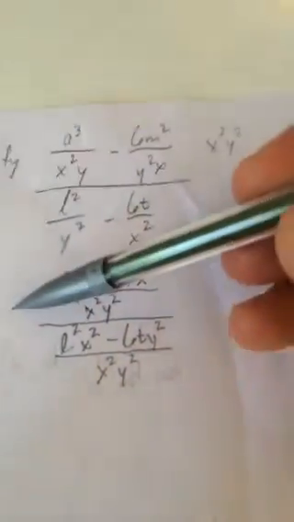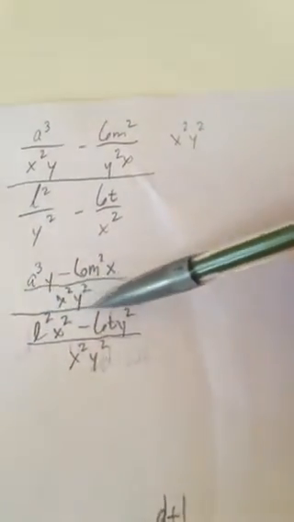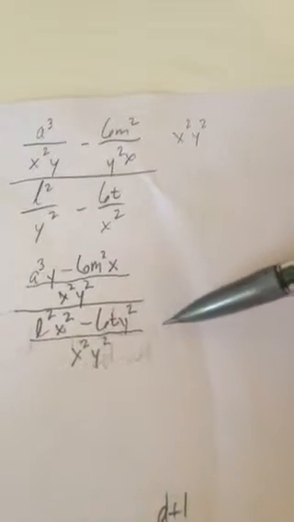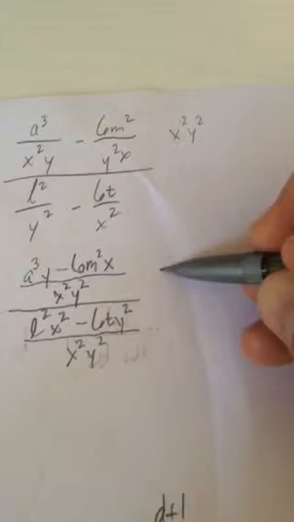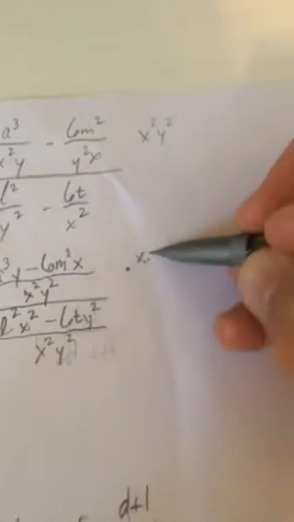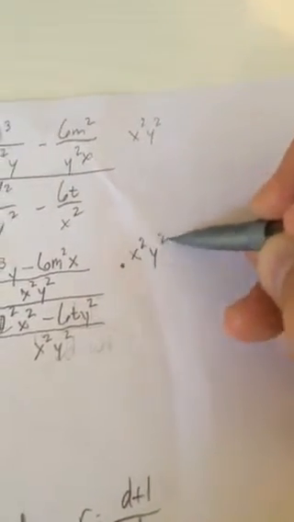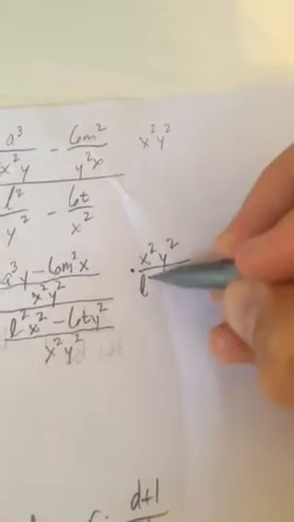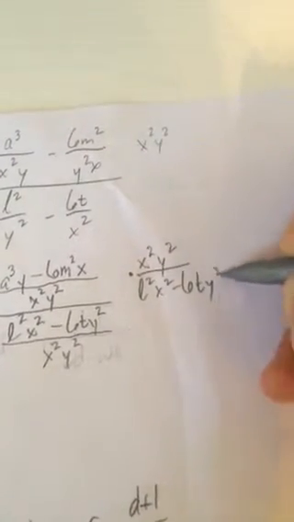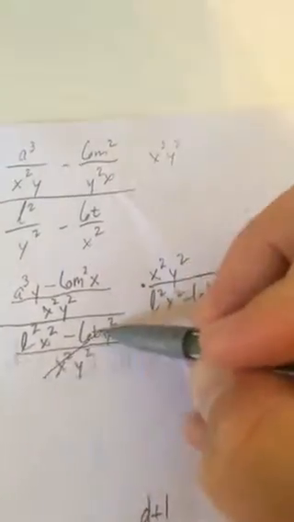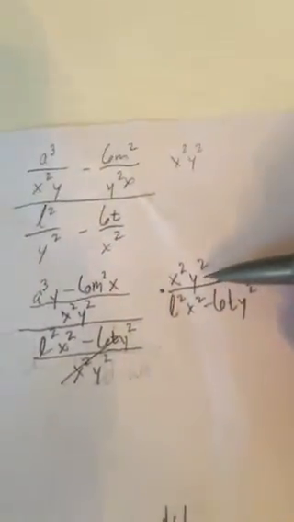Now again, when I have a fraction bar, the way I do division by a fraction is I'm going to multiply by the reciprocal. So I'm going to take this denominator, move it up top, and multiply by the reciprocal on the bottom, L squared x squared minus 6ty squared. So that's now gone because I moved it up here and did the reciprocal.